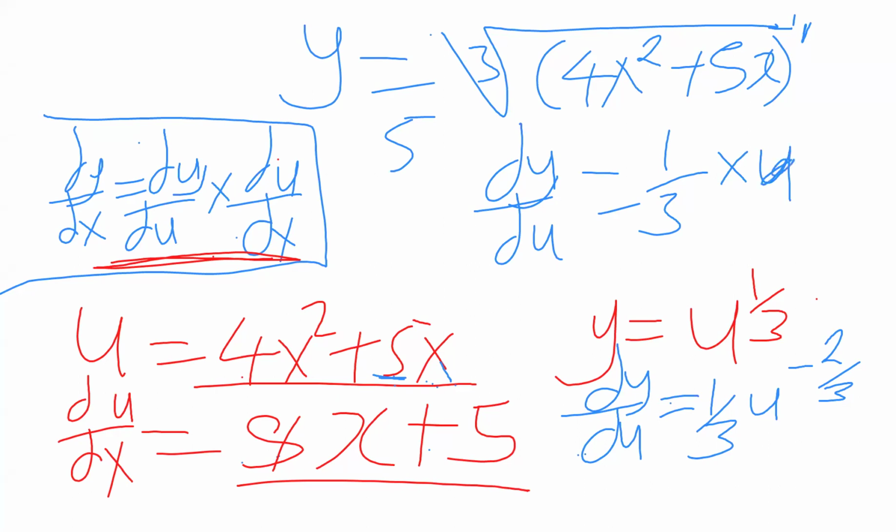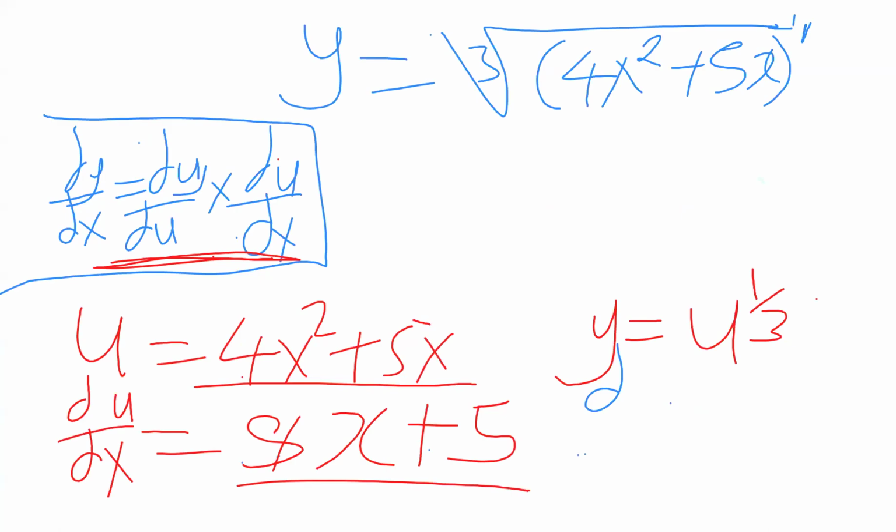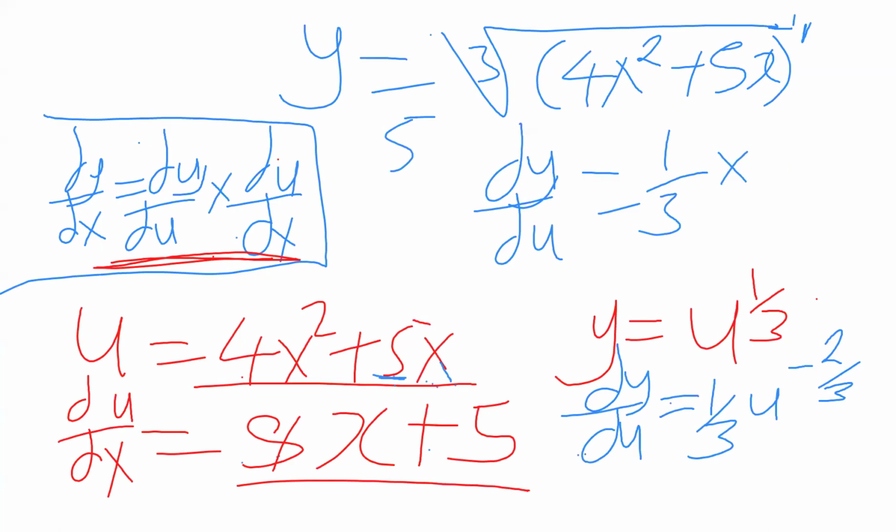It's only that you have forgotten the indices. Most of you have forgotten the indices, but that is still okay. Don't worry very much. To the power 2 over 3, like that, so that when you multiply 1 times 1, it can give you 1 over 3 times u to the power 2 over 3.